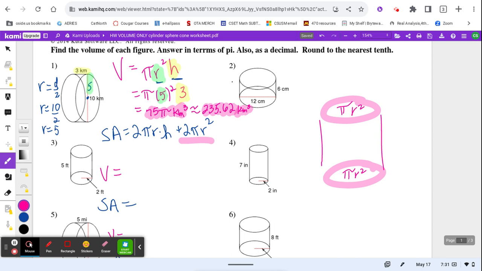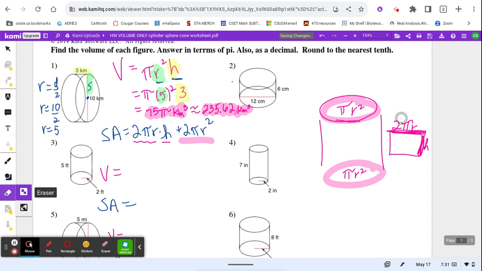Well, imagine if I unwrapped, like if this was a can and I unwrapped that wrapper off of it, can you imagine that it would be a big rectangle? Well, what would be the length and width of that rectangle? Well, this would just be the height of the figure, but this length is the circumference of the whole top of the circle when I unwrap it. And so that's why over here we have 2 pi r, that's our length, times height, that's our width. And that's where that formula comes from.